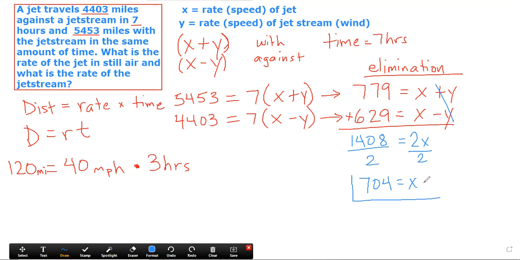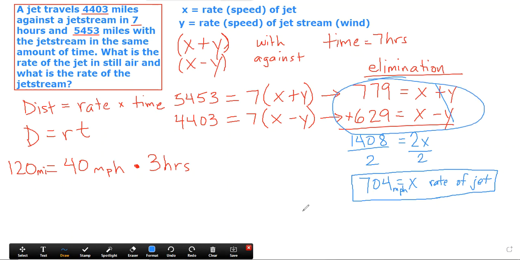So the rate of the jet is 704 miles per hour. Now with that information, I've got two equations that can help me figure out the other. I see that 779 is equal to x, which we now know is 704, plus y.